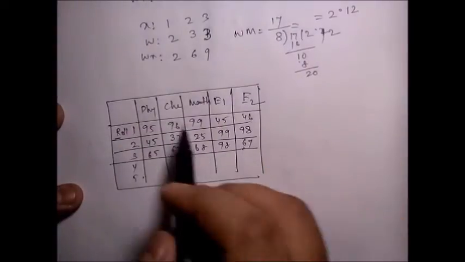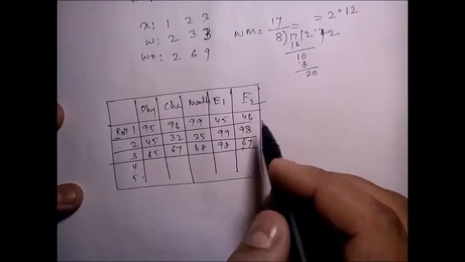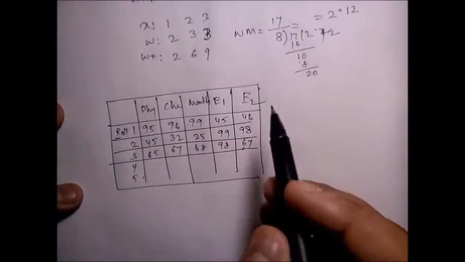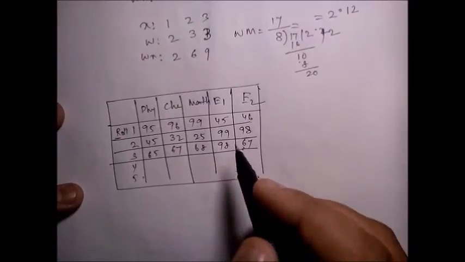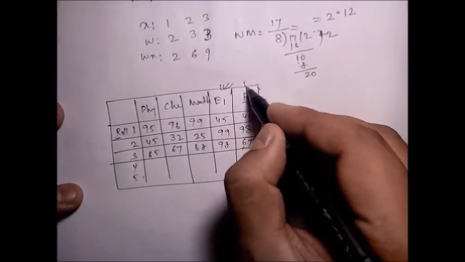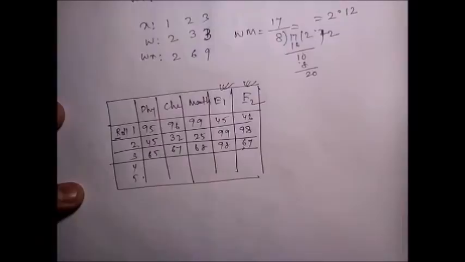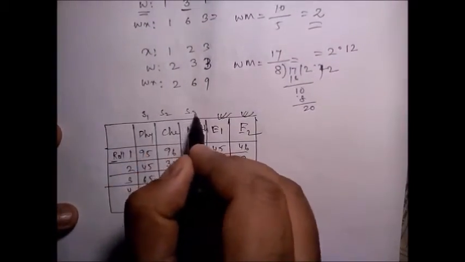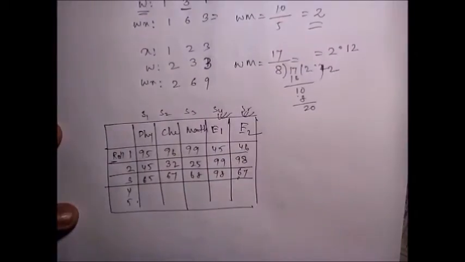Now if the purpose is different, suppose we want to send a few students to China to teach English. To teach English, these two marks are important. Suppose the subjects are S1, S2, S3, S4, S5.